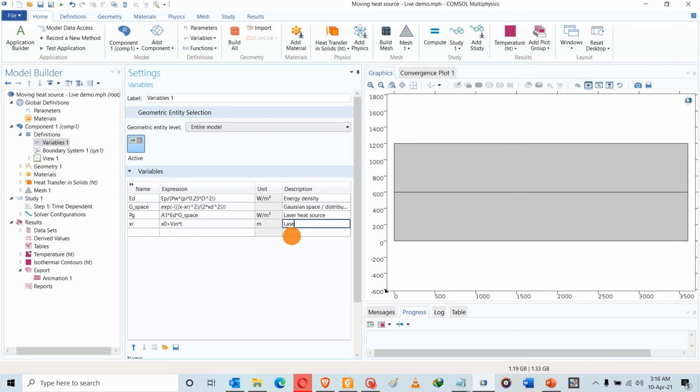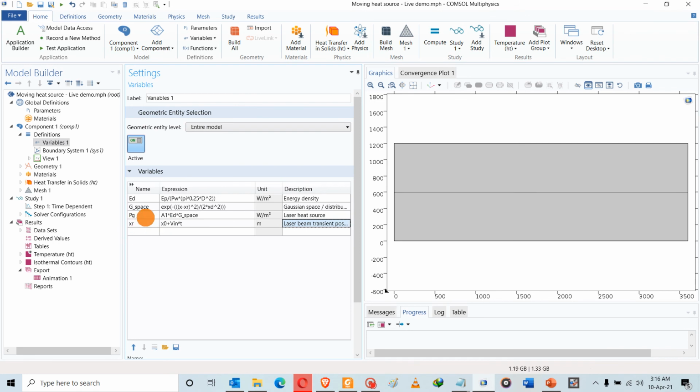This is the laser beam position, the transient position. So the beam is going to move based on this equation at this speed starting from X0.